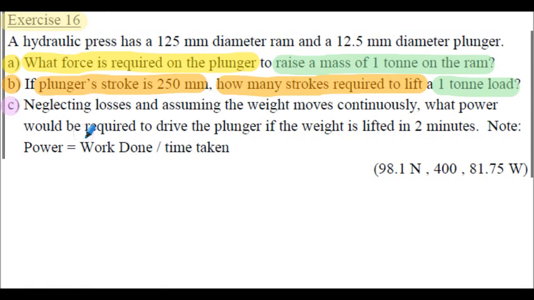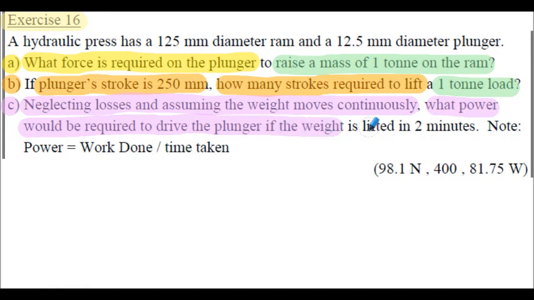And part C, neglecting losses and assuming the weight moves continuously, we've got to determine what power is required to drive the plunger if the weight or the load is lifted in 2 minutes. The answers are shown in the bracket here. So I'd encourage you to now attempt exercise 16. It's based around the solution for example 5 we reviewed on the previous slides.